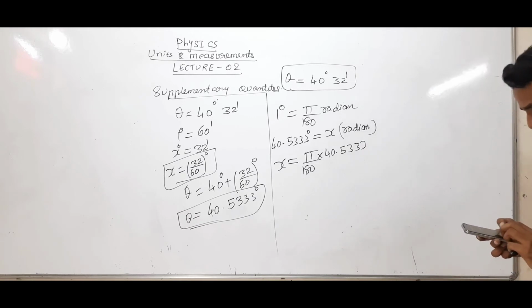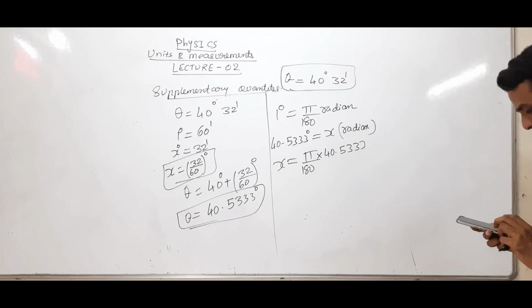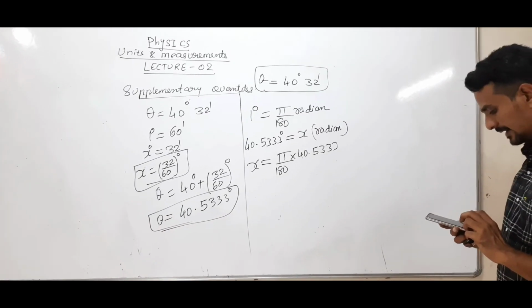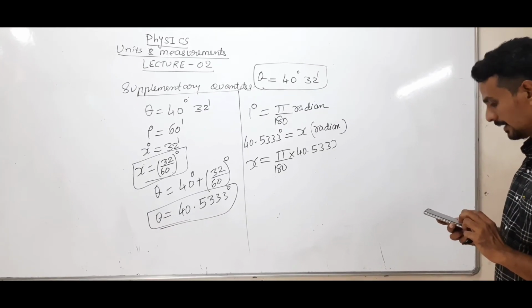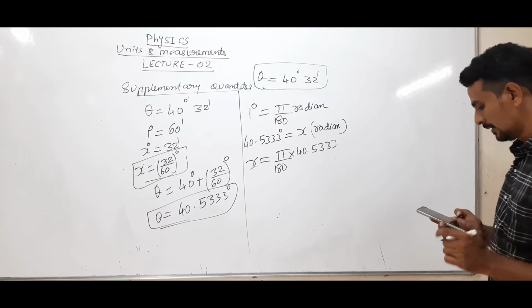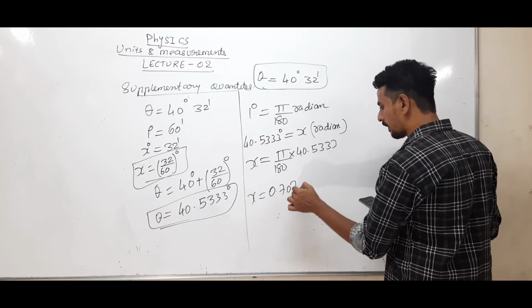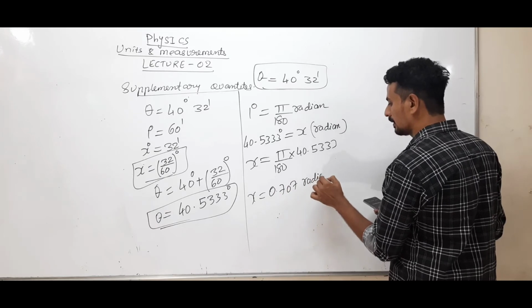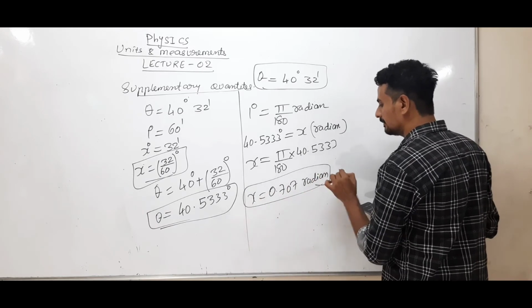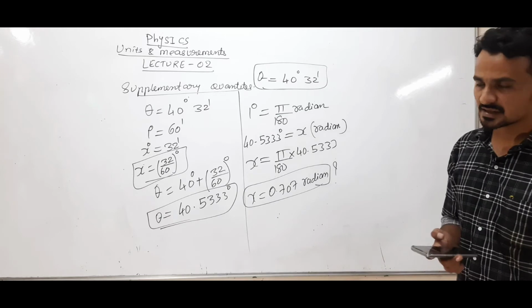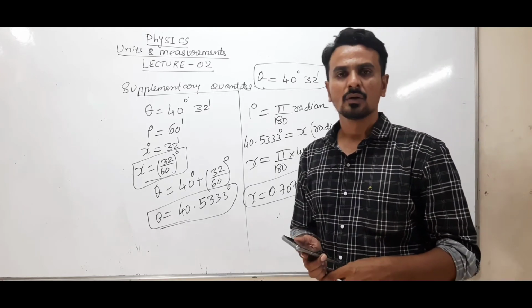So this will be 3.14 into 40.5333 divided by 180. 0.707 radian. Did you get this answer? This is how we will convert theta into radian.